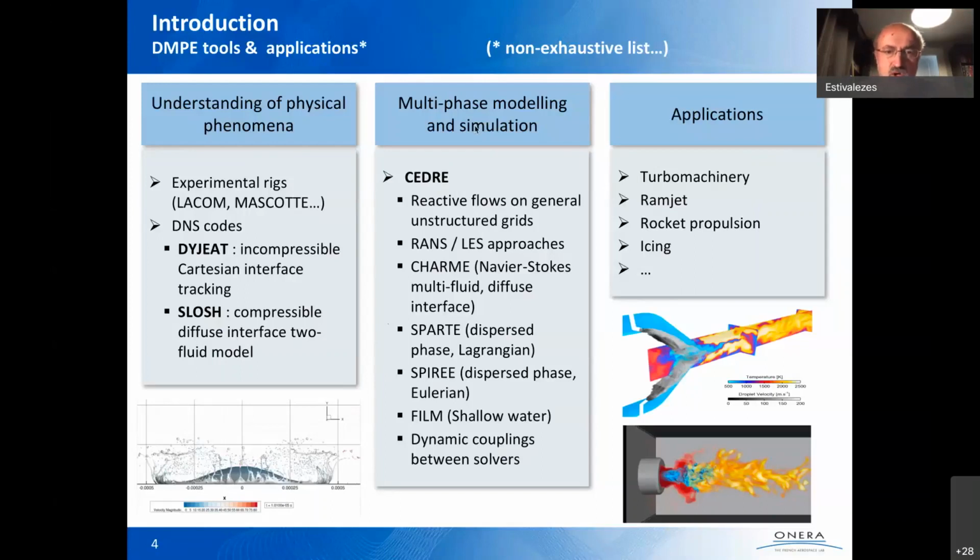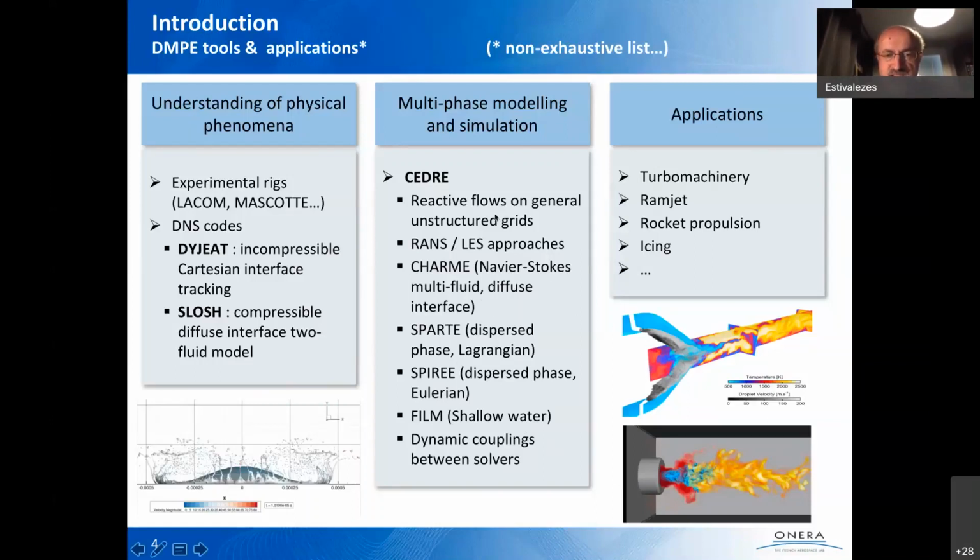So in this code, it's a multiple solver code. You can plug in a Navier-Stokes solver, a Navier-Stokes multi-fluid diffuse interface solver, a dispersed Lagrangian fast solver, and a dispersed Eulerian fast solver, a film solver, and other couplings like interaction with wall, with thermic model, and so on.